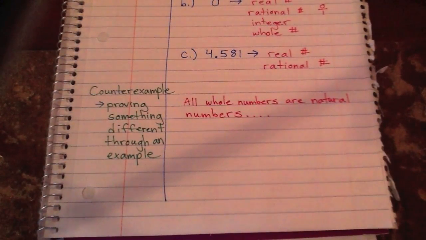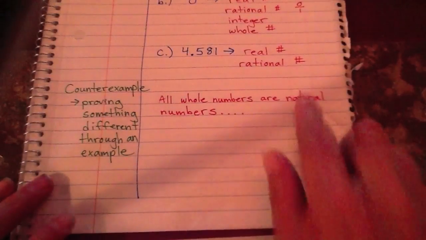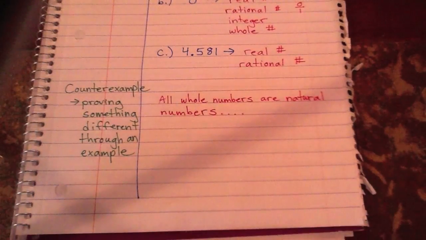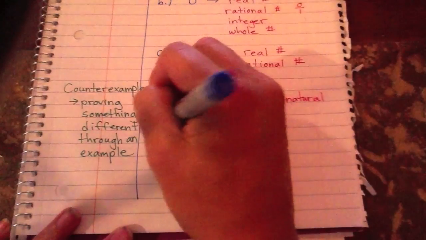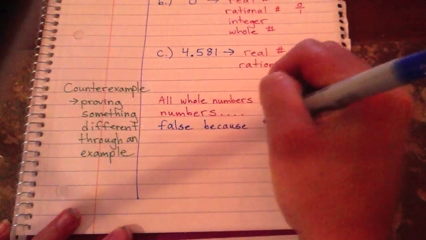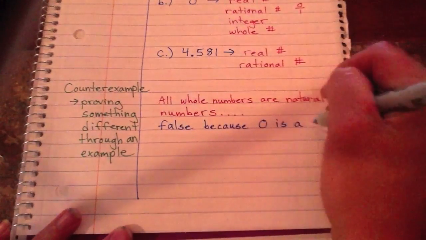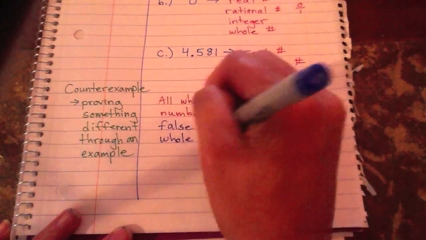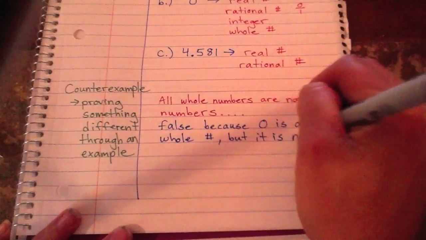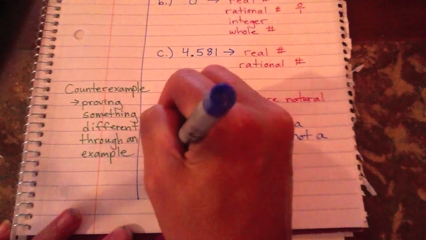So when you stop and think about that, natural numbers include 1, 2, 3, 4, and so on. Whole numbers include 0, and 0 is not included in these natural numbers. So the word all makes this false, and this is false because 0 is a whole number, but it is not a natural number.